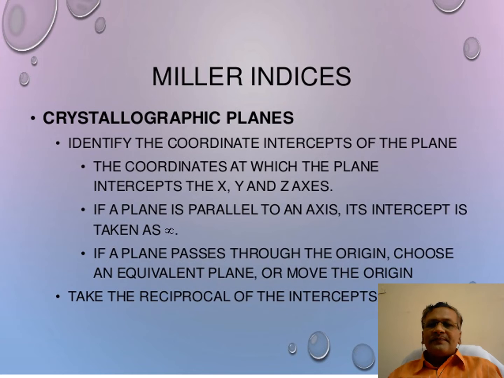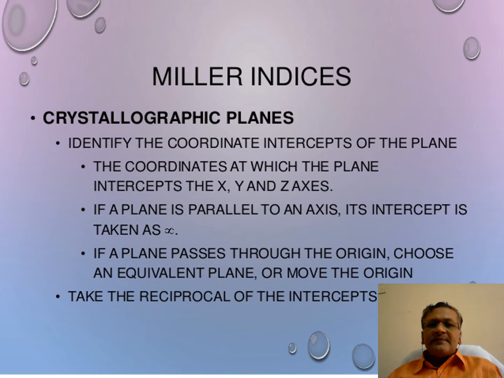First step is to fix the coordinates which the plane intercepts on the x, y and z axes. In denoting the intercepts, if the plane is parallel to an axis, the intercept is taken as infinite. If the plane passes through the origin, choose an equivalent plane or move the origin.